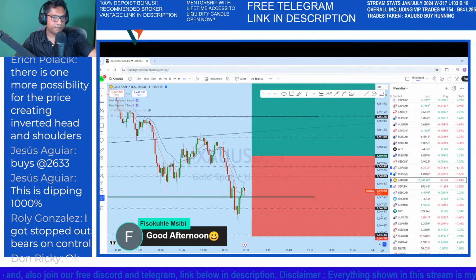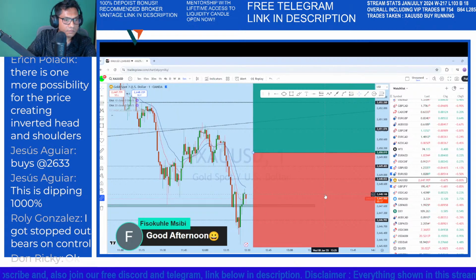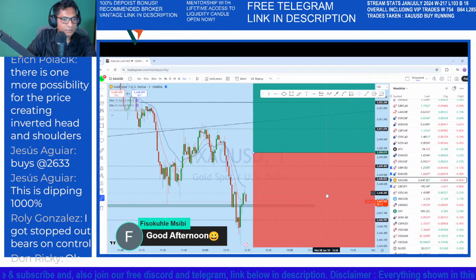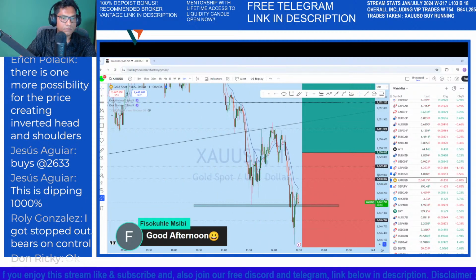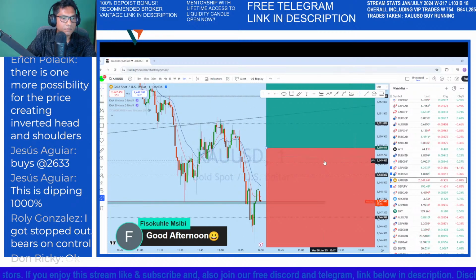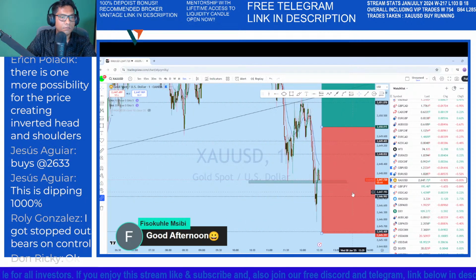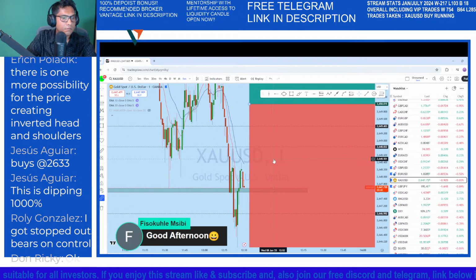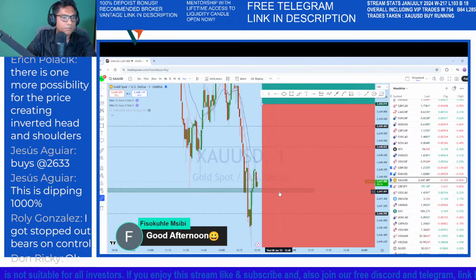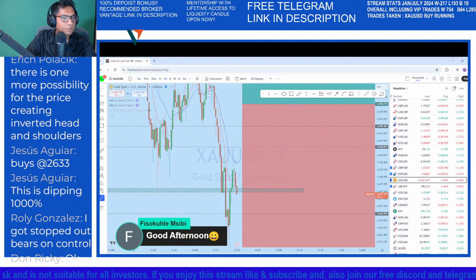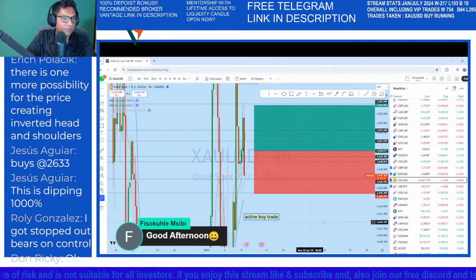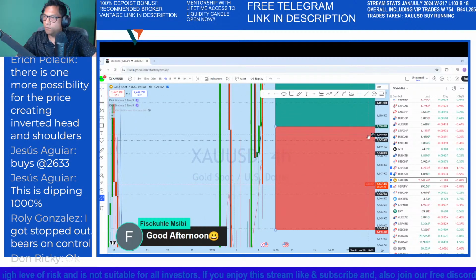Okay, let's see. This is a 4 hour candle, very unusual sharp drop.